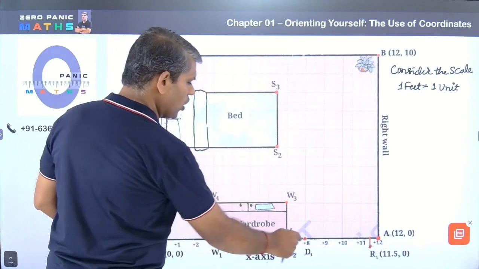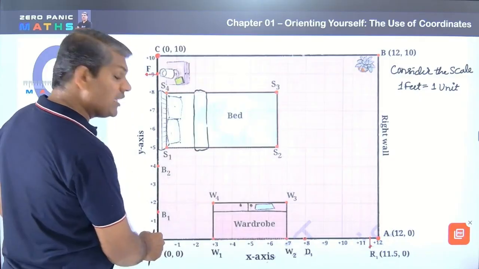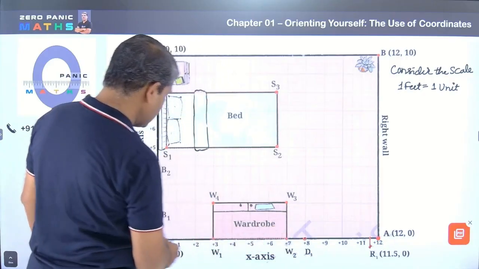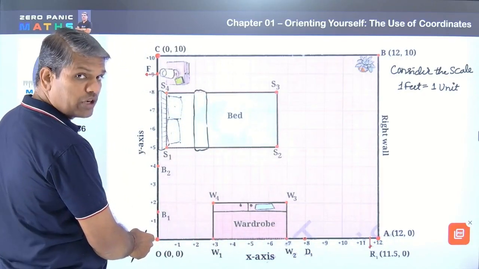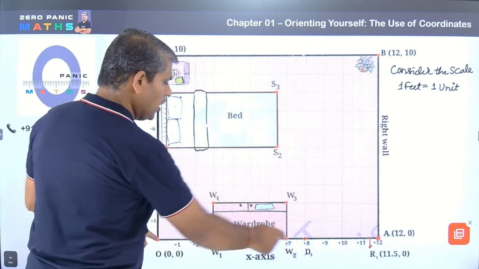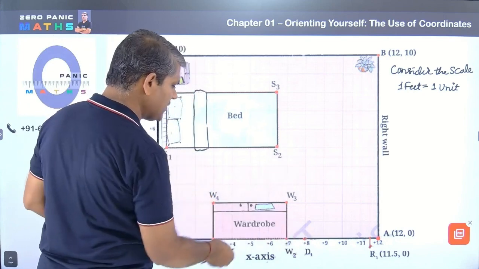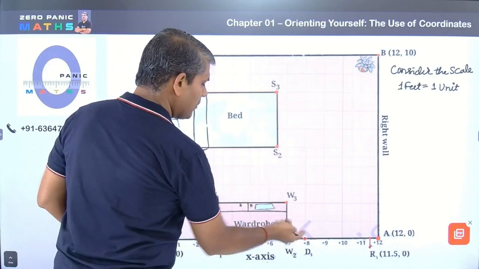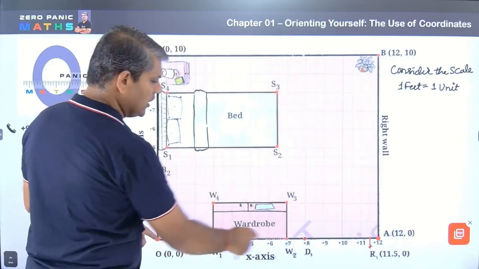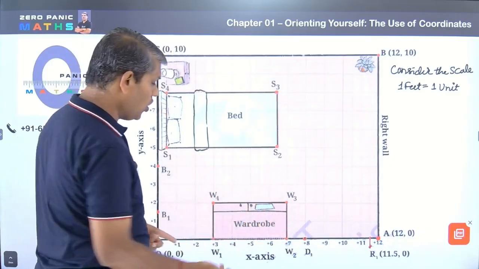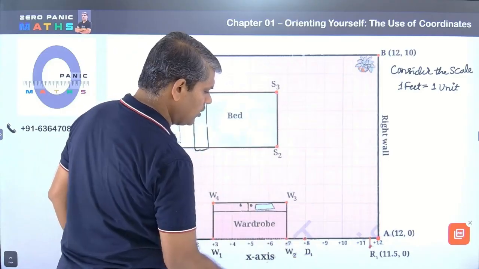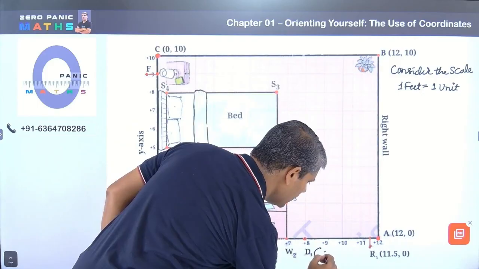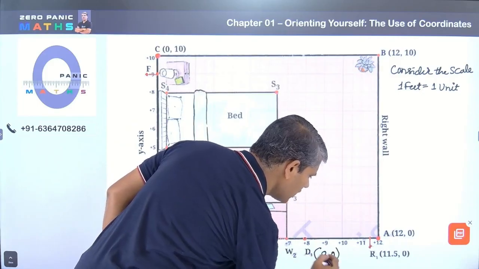It is actually the horizontal distance: the x coordinate value of d1 minus the x coordinate value of the origin, because it is measured from the origin itself. It is on the x-axis, parallel to the x-axis. Try to understand this. Because the y coordinate value is 0 here, it has only the x coordinate value. So what is the coordinate value of d1 here? It is 8 and 0, right?